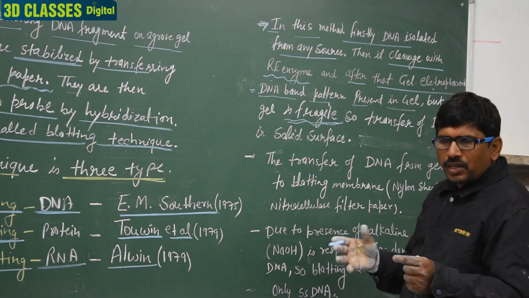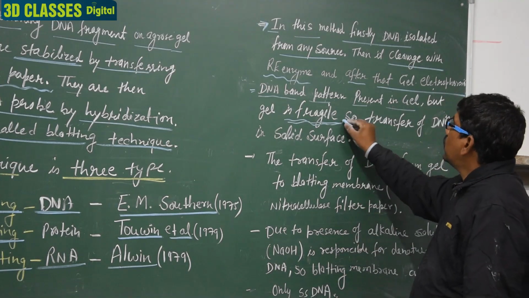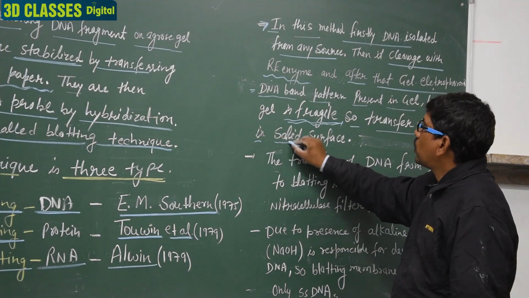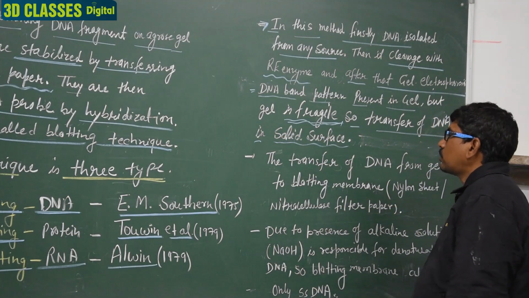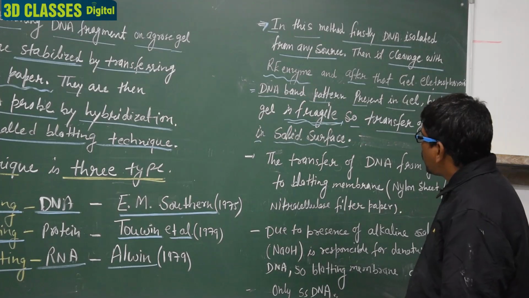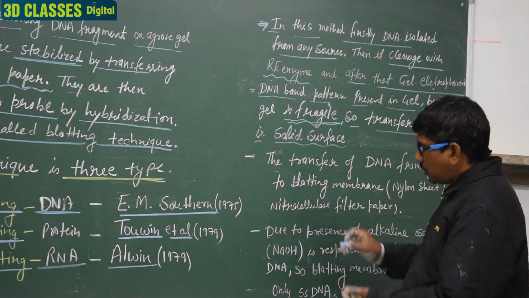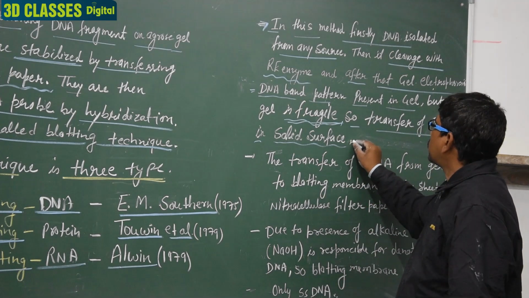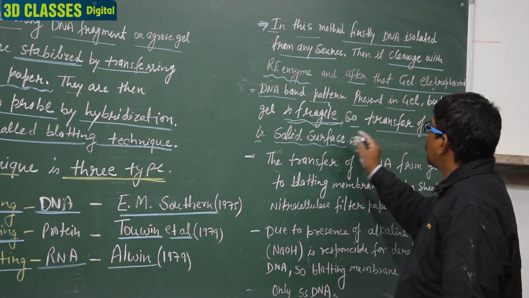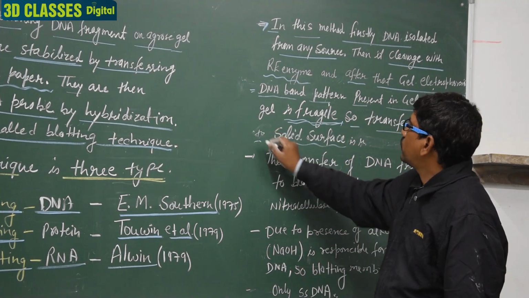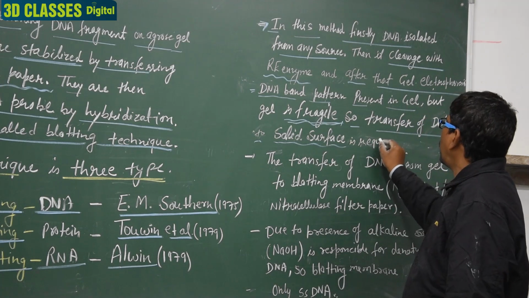Brittle means easily broken. So transfer of the DNA to a solid surface is required.